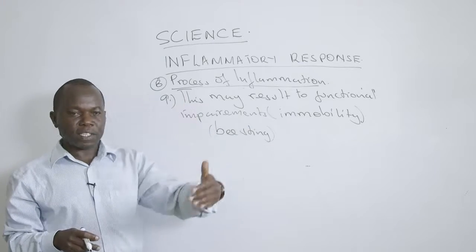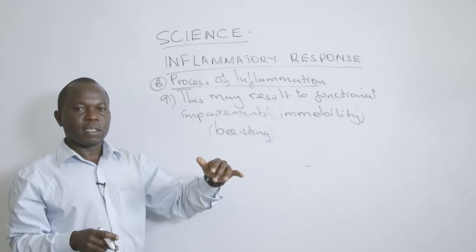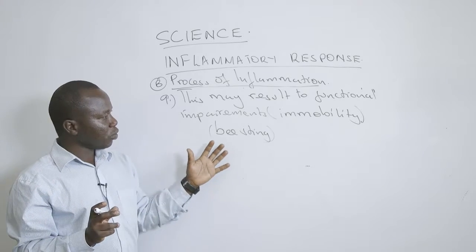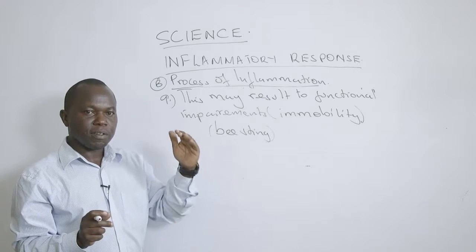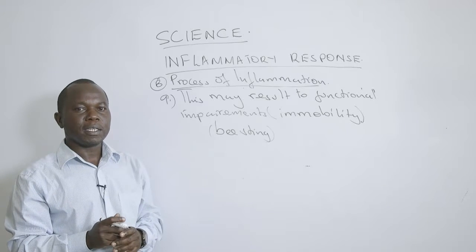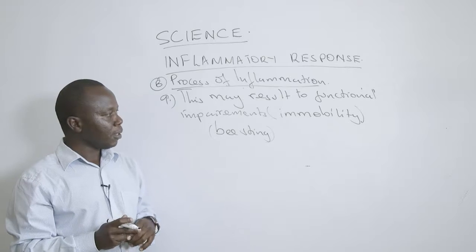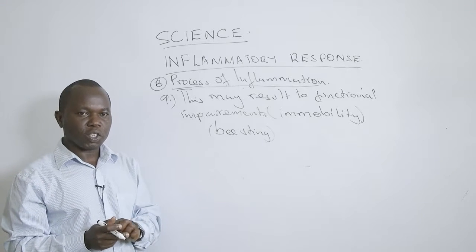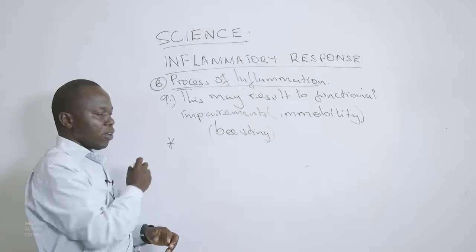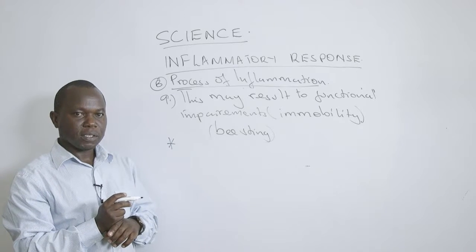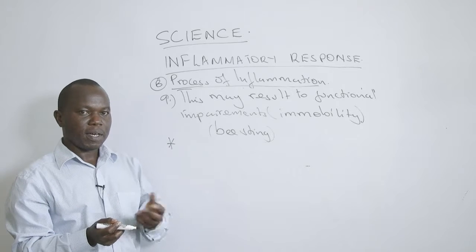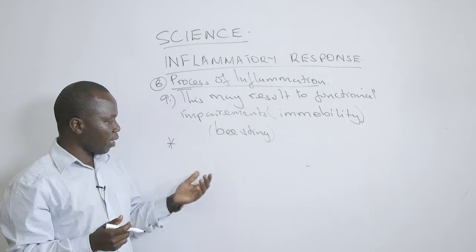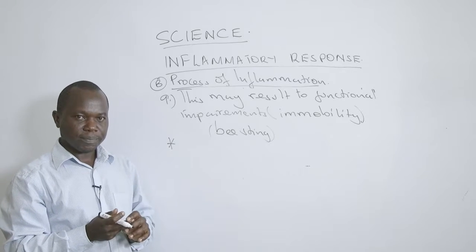And then the other effect, apart from immobility, we also have other effects due to vasodilation. Due to vasodilation, sometimes there'll be a drop in the blood pressure. A drop in blood pressure usually interferes with the normal circulation of blood, and in the process, it is going to impair transportation of oxygen to the tissues that demand oxygen.